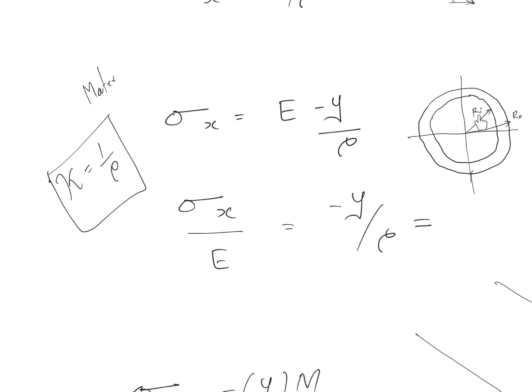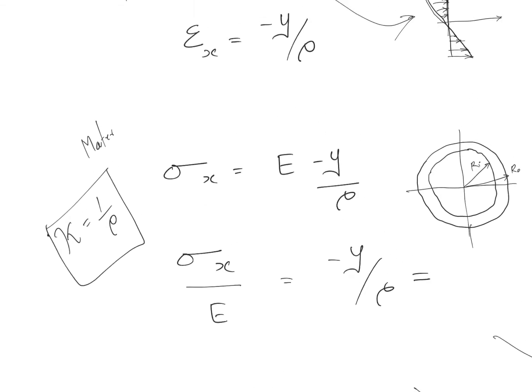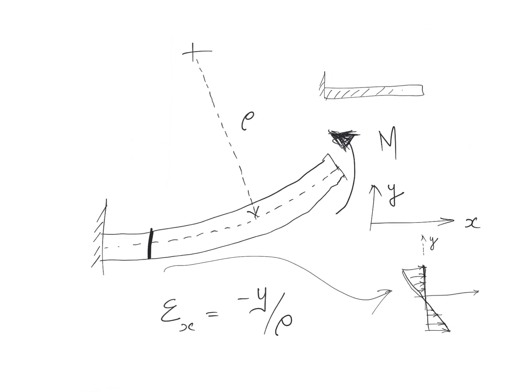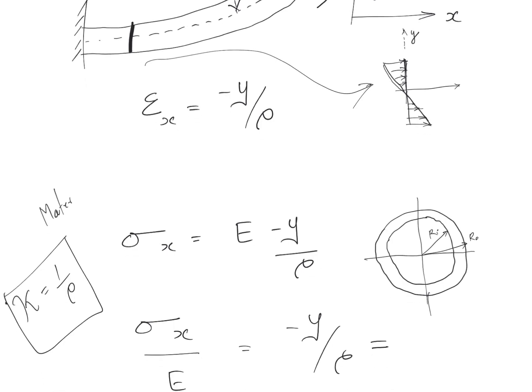It's neither Ri nor Ro. This rho tells us the radius of curvature of the neutral axis. Have a close look at this figure again. Rho is the radius of curvature of the neutral axis, not the top plane or the bottom plane. This is something we need to keep in mind when we do this kind of problem.